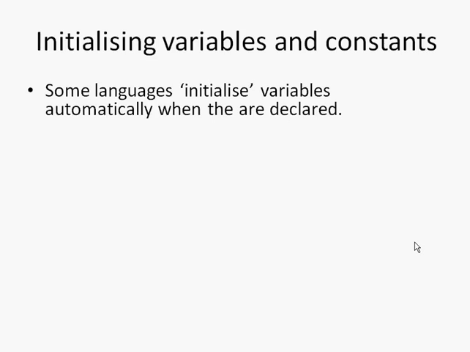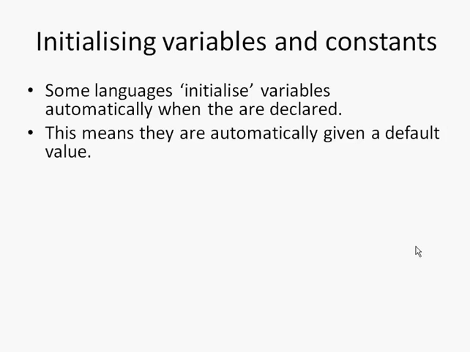Thinking about initializing variables and constants. Some programming languages initialize variables automatically when they are declared. This means they are automatically given a default value. We actually saw that when I stepped through the program earlier. Say my iHours, the integer variable, was set to 0 before it was set to anything else.